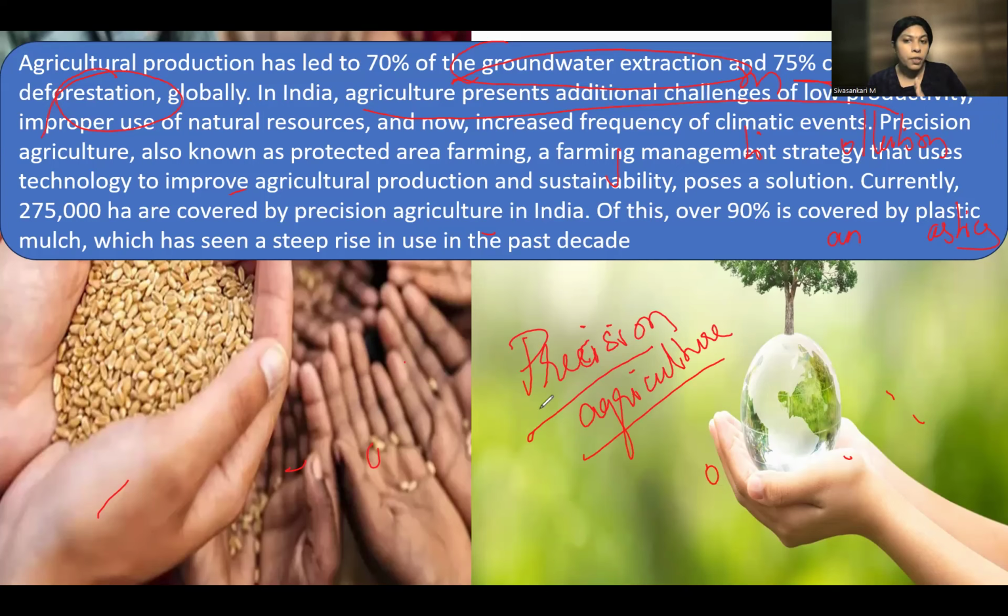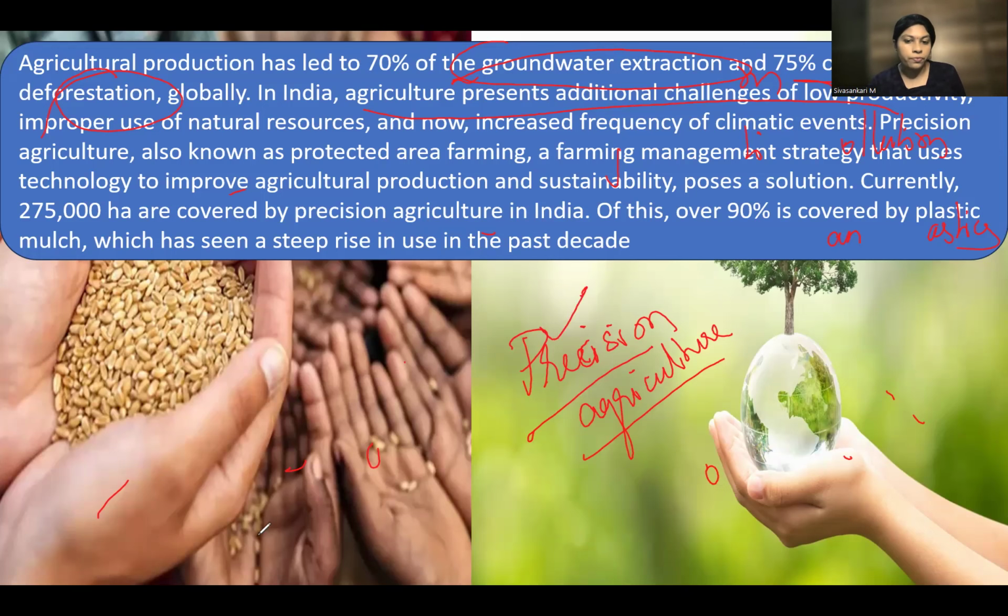But this is also a problem, which was thought of as a solution for water loss or reducing productivity. Now this has become a problem in itself. Why? 90% of the plastic mulch we are using is for precision agriculture.